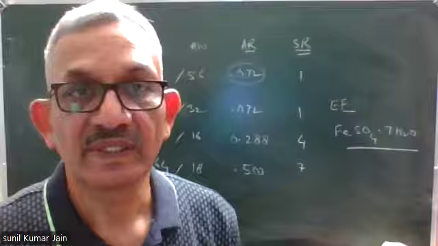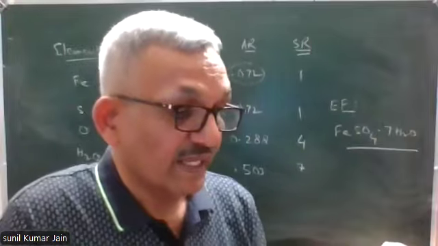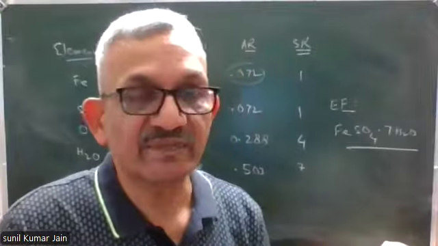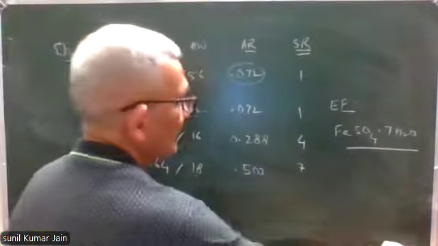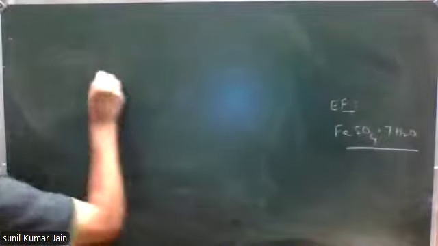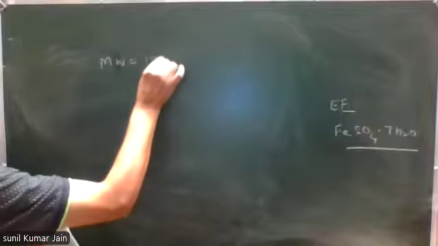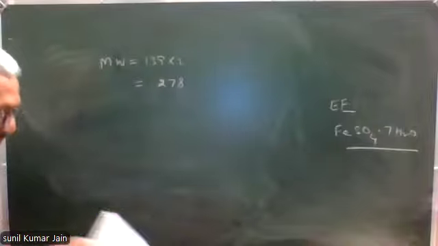Right? Now we proceed further. Little more is left. We have to calculate molecular formula. We are given vapor density. Vapor density is 139, means molecular weight will be double of that. Molecular weight will be 139 into 2, 278.